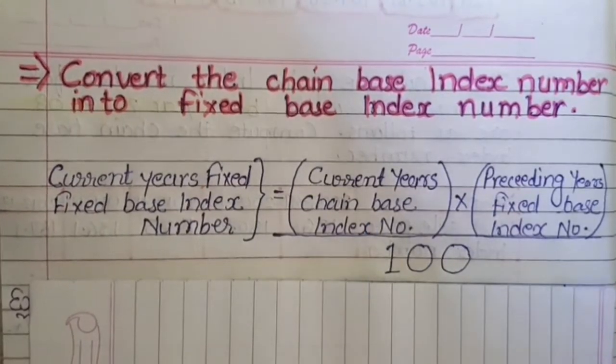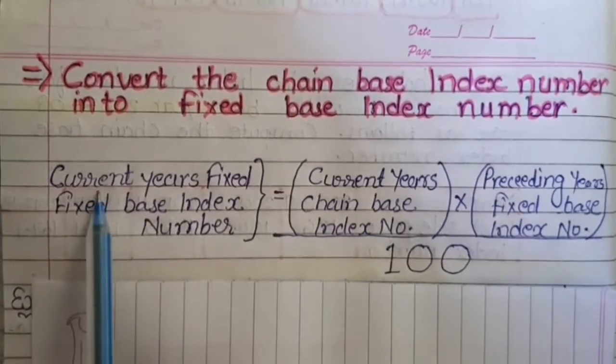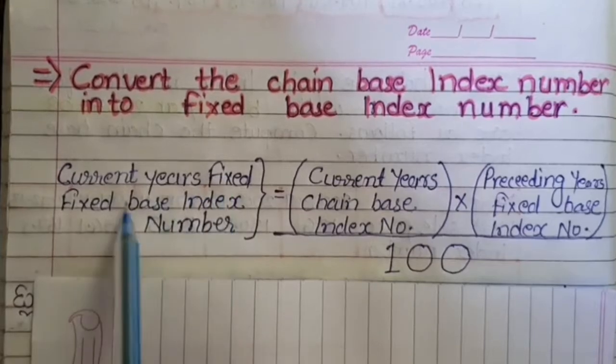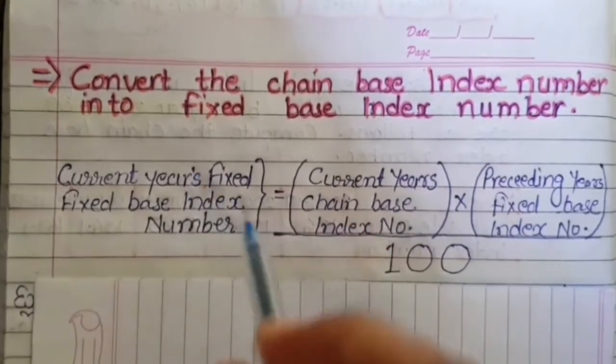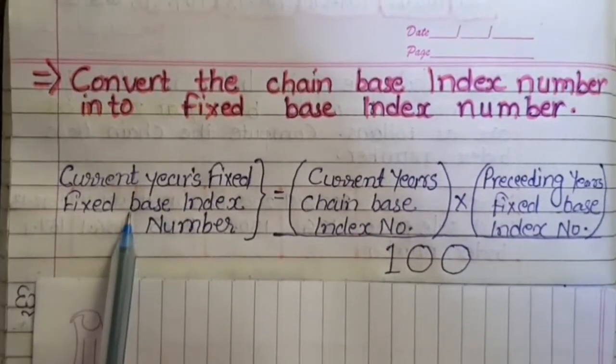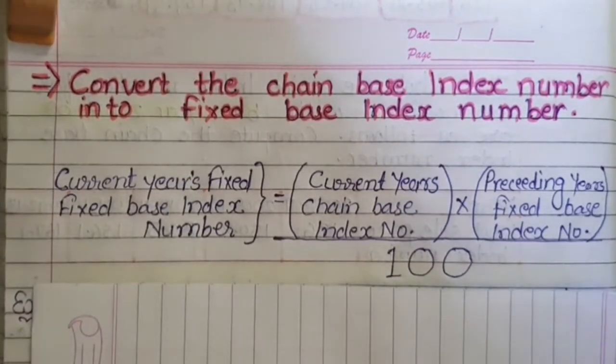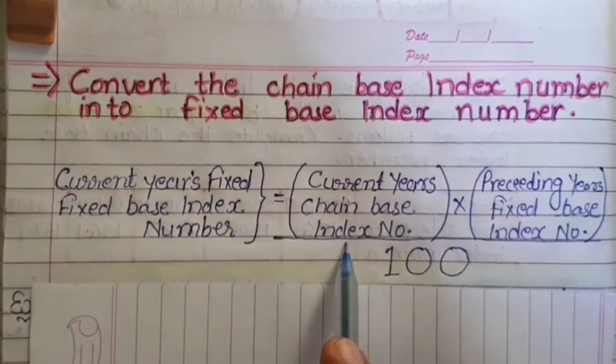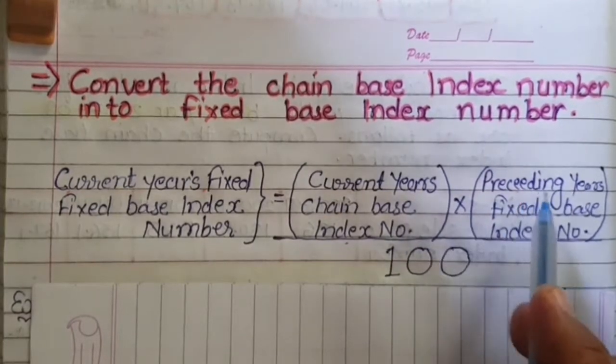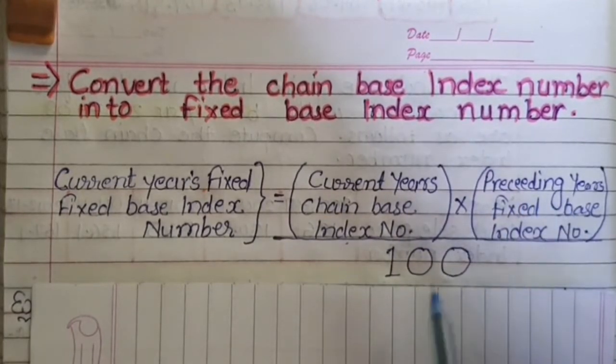According to this formula, you have to write here: current year's fixed base index number is equal to current year's chain base index number multiplied by preceding year's fixed base index number divided by 100.